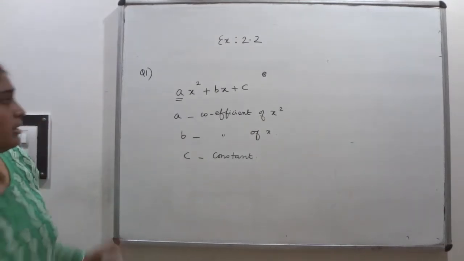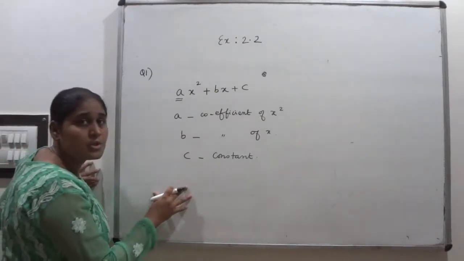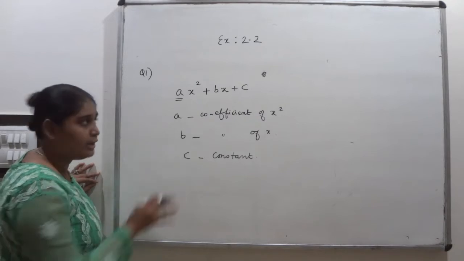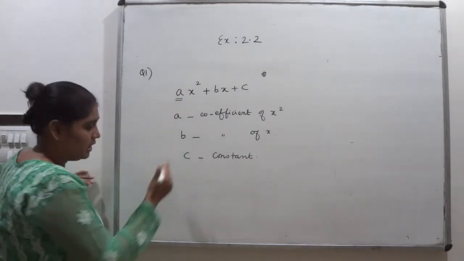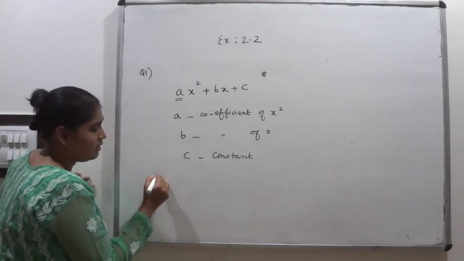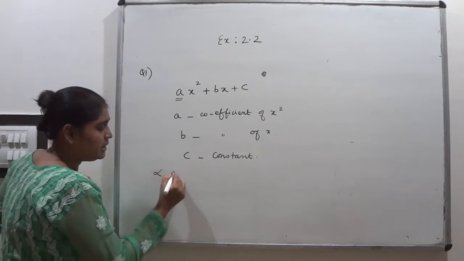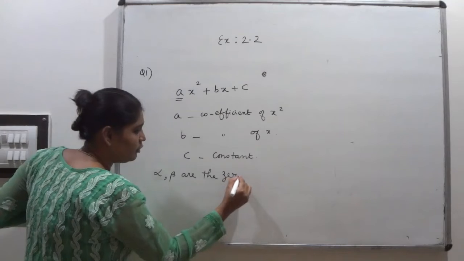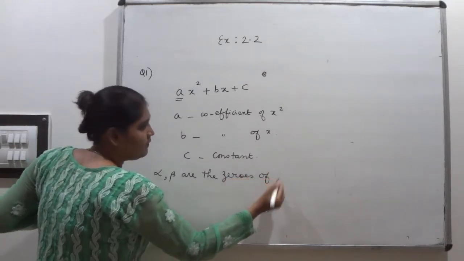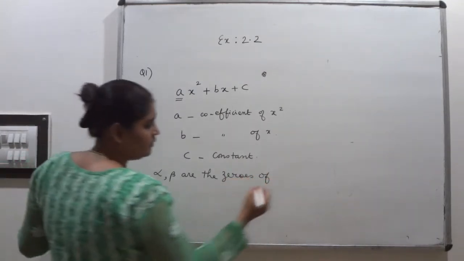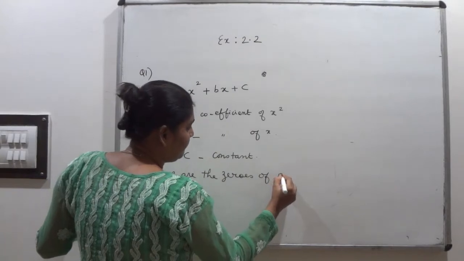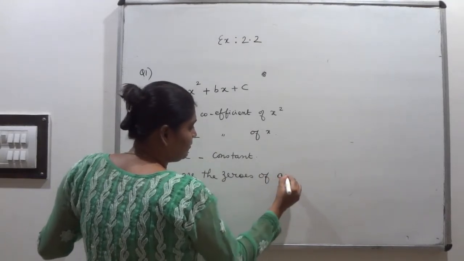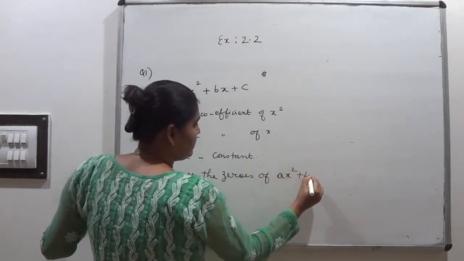The relationship means the sum of zeros and product of zeros that we have to find out from this polynomial. Alpha and beta are the zeros of the polynomial ax square plus bx plus c.